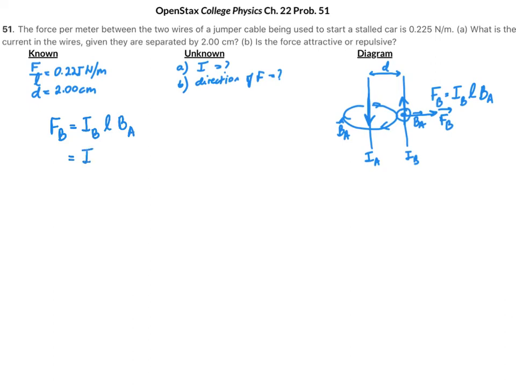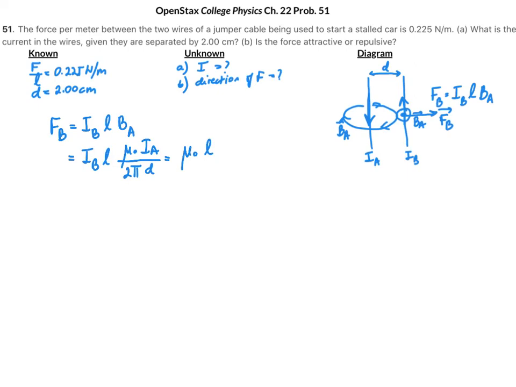So that will be IB L, and the magnetic field due to A is mu naught IA divided by 2 pi R. R is the distance from where the current is to the location where we're looking for the magnetic field, and we call that distance D. So then this will be mu naught L. Now remember that the current is the same.